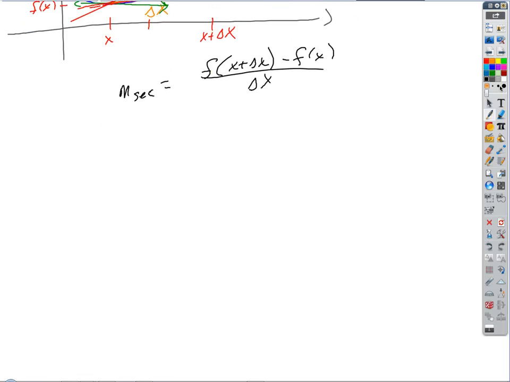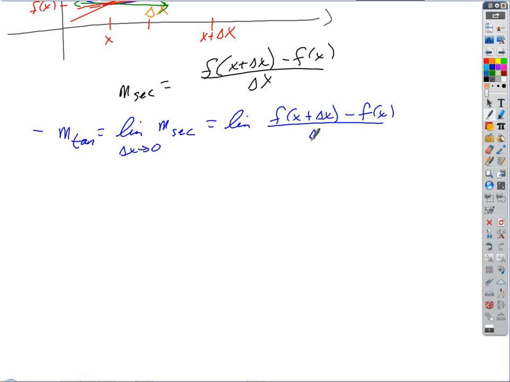The slope of the tangent line is really just the limit of the slope of the secant line as delta x goes to zero. So it's the limit as delta x goes to zero of f of x plus delta x minus f of x over delta x.